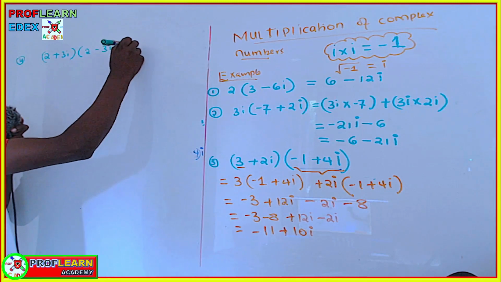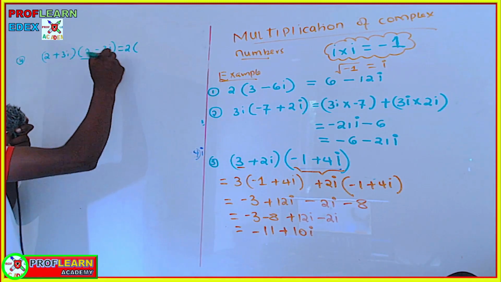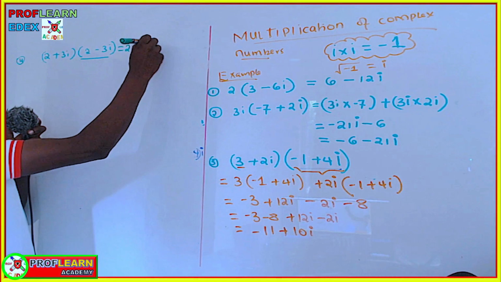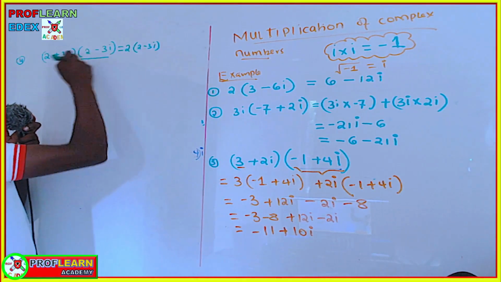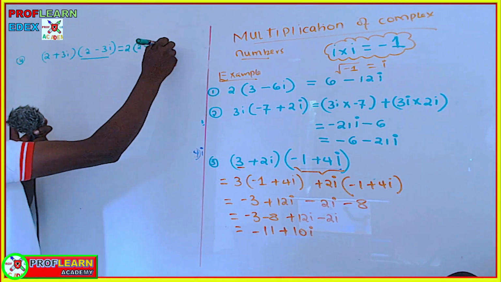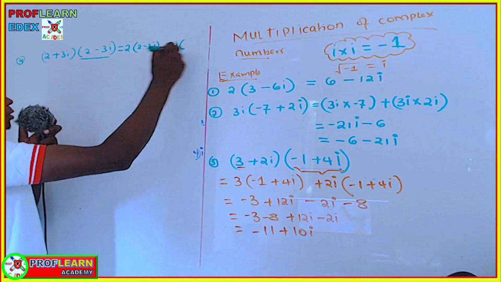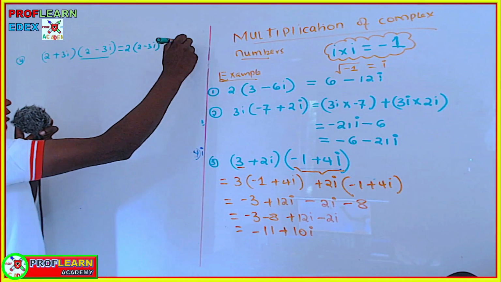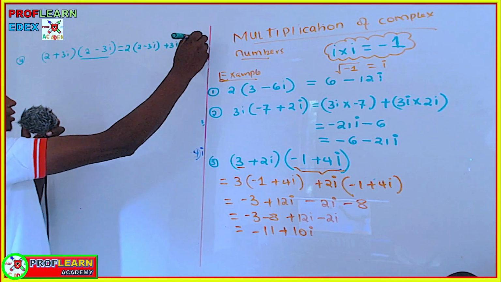We are going to say this 2 is multiplied by everything here, 2 minus 3i, then plus, because we have the positive sign there, plus 3i multiplied by everything in the second bracket, that is 2 minus 3i.